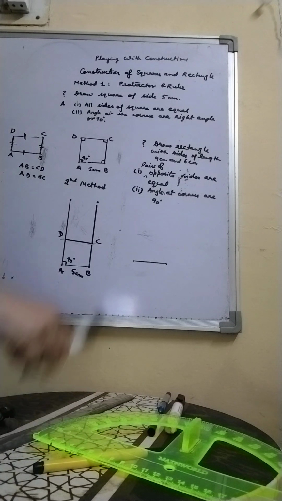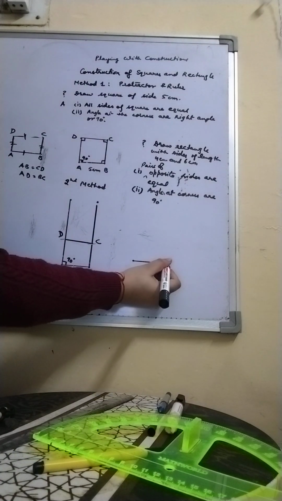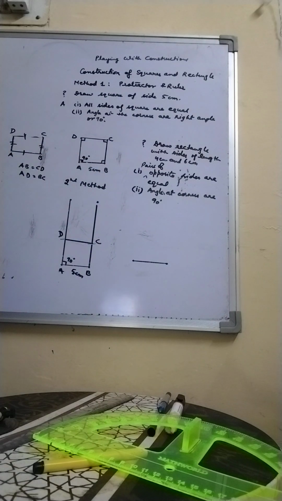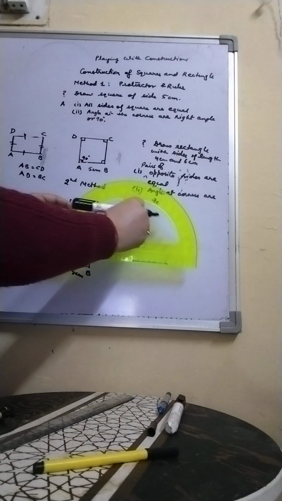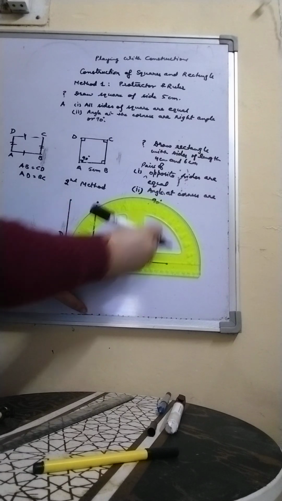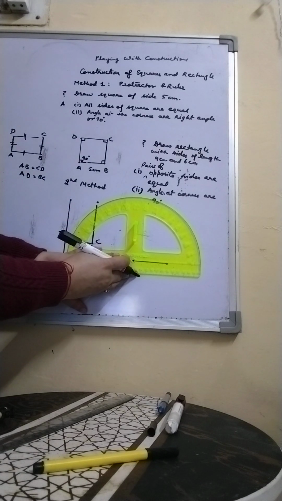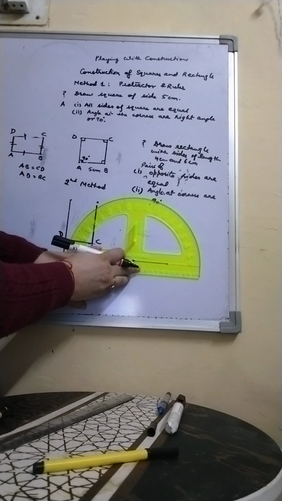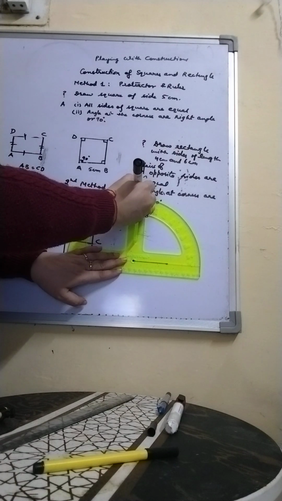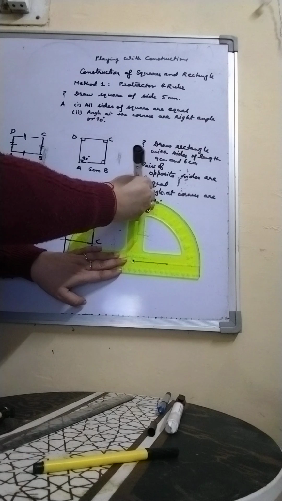Now just put the dots where you have the endpoints of the line segment. From there you draw, put the center of the protractor at the vertex and align it with 0 line. So this is 90 degree here.